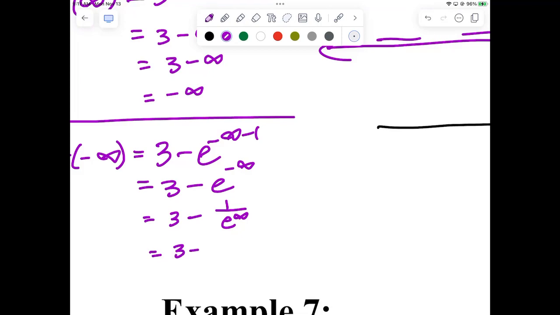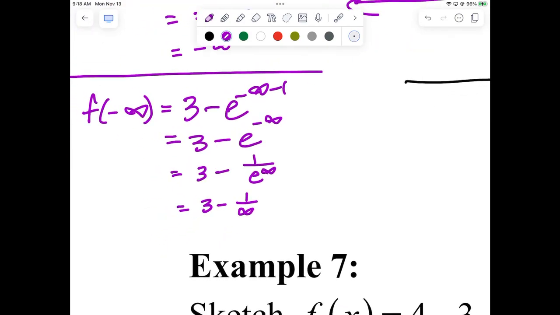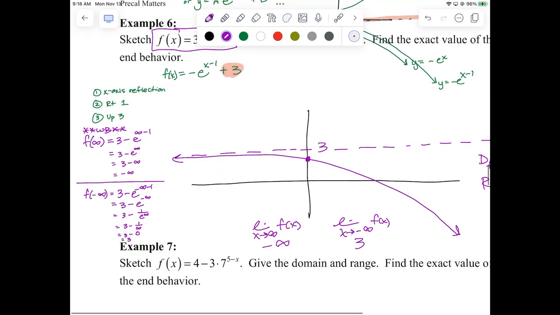Well, what's e to the positive infinity? In the bottom. What's e to the infinity? Infinity. Now look what we have here. What is 1 over infinity approaching? 1 over 10, 1 over 100, 1 over a million, 1 over a zillion. That's getting closer and closer to 0. And now what's 3 minus 0? 3. Is that what we got when we went on the graph?